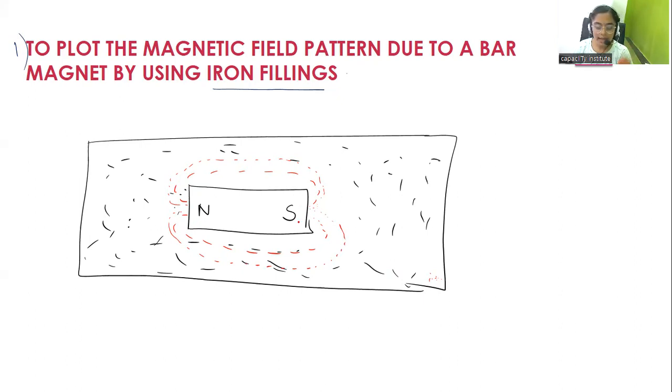So these iron filings show the shape of the magnetic field produced by a bar magnet by aligning themselves with the magnetic field lines. These dotted lines are the iron filings, and they are getting arranged due to the magnetic field lines. These are the magnetic field lines.